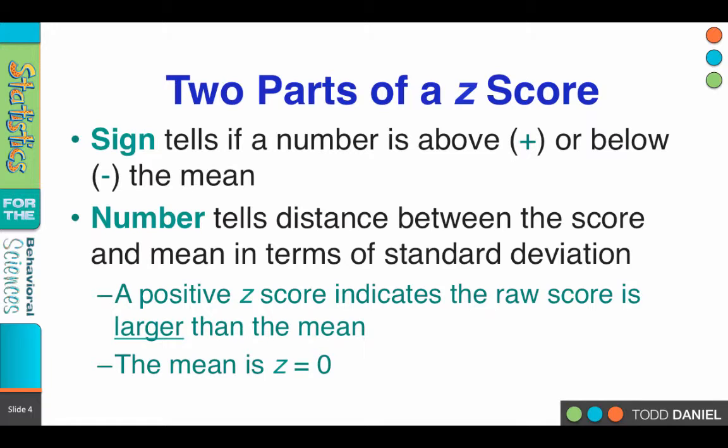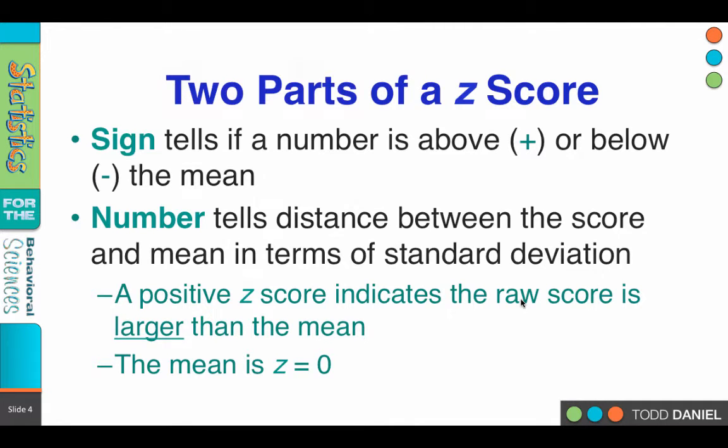The sign tells you whether the z-score is above or below the mean. The second is the number. It's the distance between the score and the mean in terms of standard deviation. This implies that a positive z-score will always be larger than the mean, and a score at the mean has a z equal to 0.